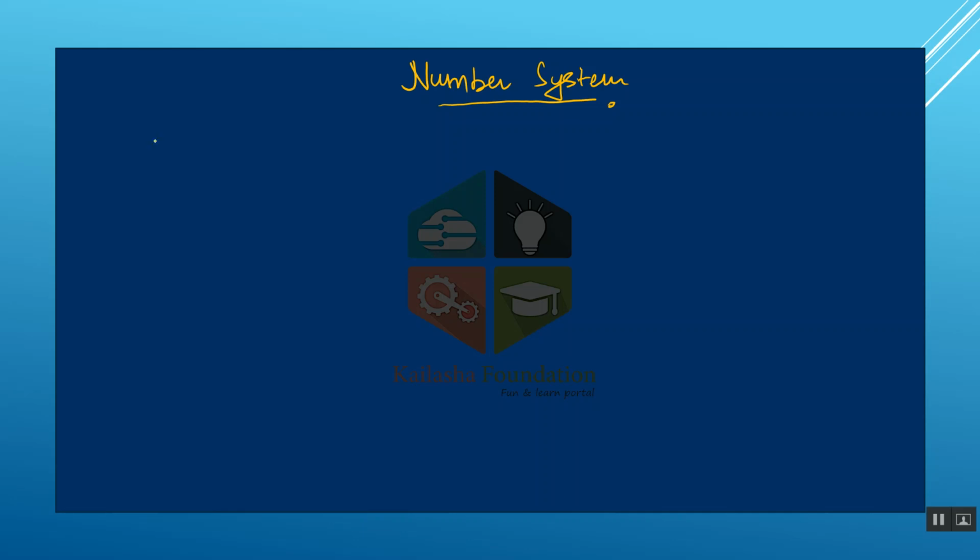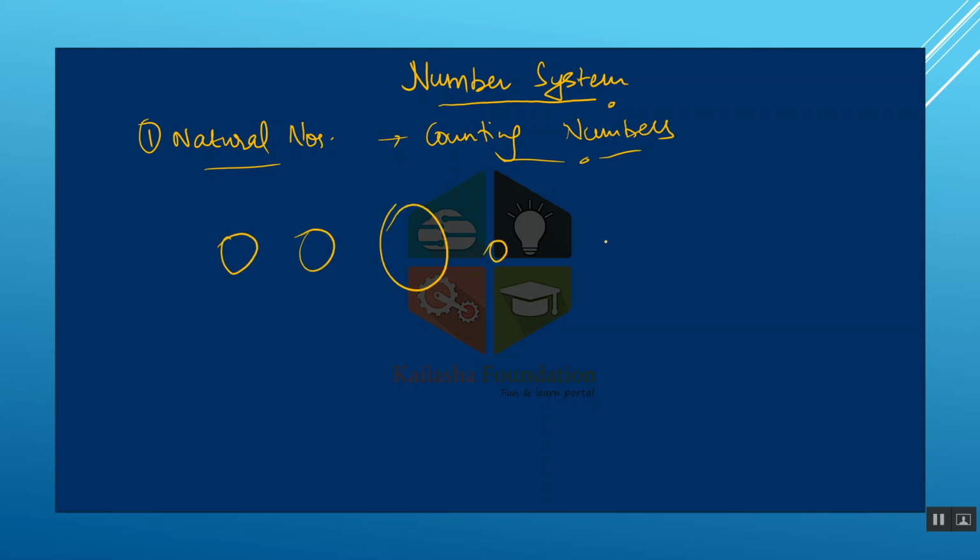The types of numbers are, first, natural numbers. Natural numbers are basically counting numbers, the numbers which we naturally use for counting. For example, there are five objects here. When we start counting, we start from 1, 2, 3, 4, 5. We don't start from 0 or 0.5 or -2.